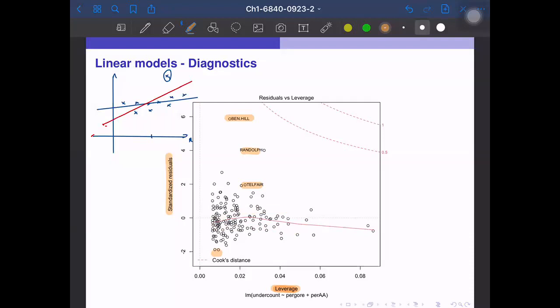Okay, so these observations don't have large standard residuals, but these are influential because these are on the right-hand side or left-hand side. So if leverage is larger and the standard residual is larger in absolute value, then such observation is very influential. So in this case, it's not really bad, but these observations are slightly more influential than the others. If some observations are here or here or here, or even here, so these observations are very influential.